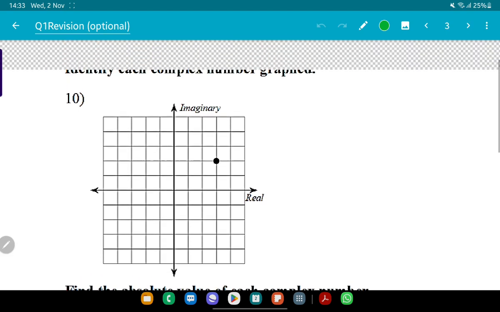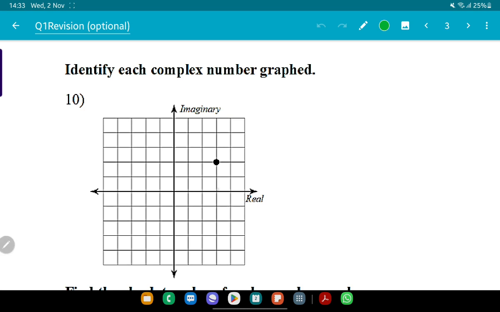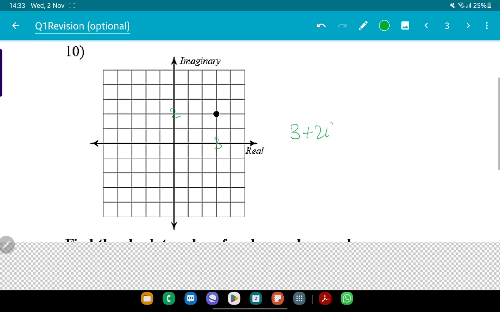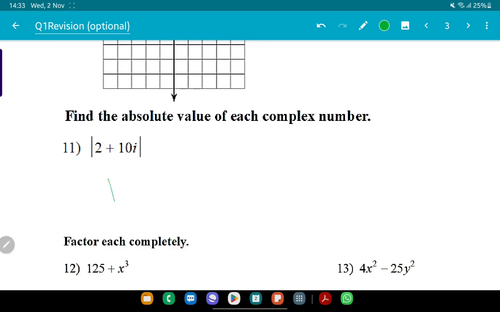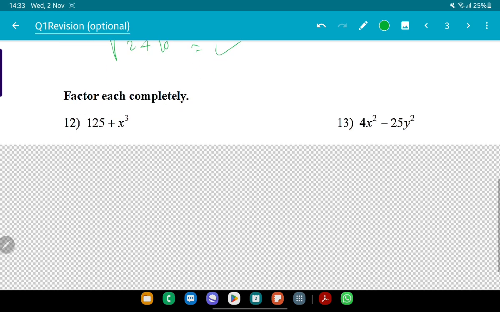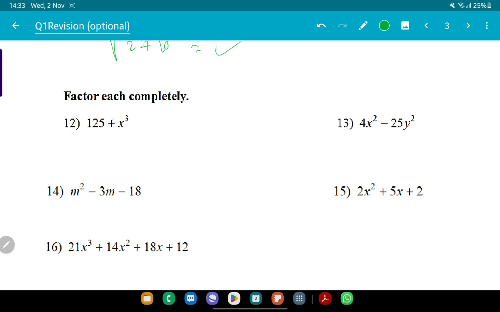Identify this, 3 parts in the real and 2 parts in the imaginary, so it's 3 plus 2i. Absolute value root, this is squared and this is squared, then add the answer by the calculator. Factorize, this is sum of 2 cubes, 2 brackets.